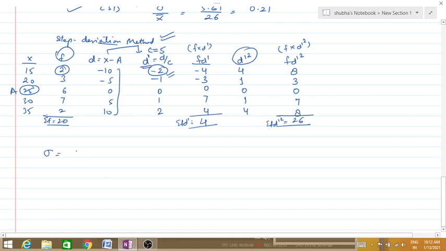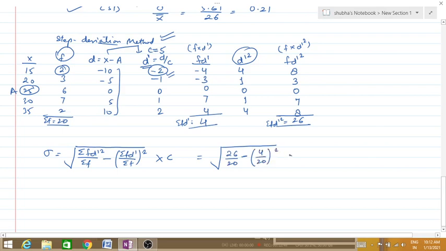First we will calculate standard deviation. The formula for standard deviation will be square root of sigma fd dash square over sigma f minus (sigma fd dash over sigma f) whole square, into c outside this. By putting the values here, we will put 26 divided by 20 minus, in bracket, 4 divided by 20 whole square, multiply 5, because the common factor here we have taken as 5.